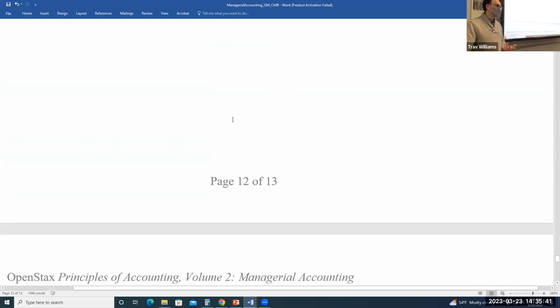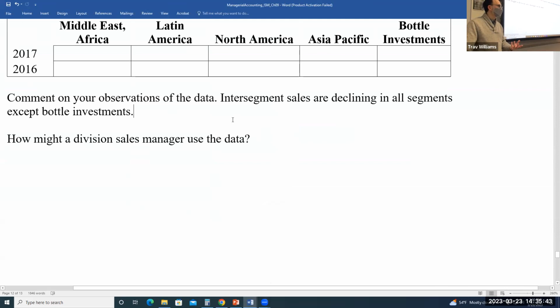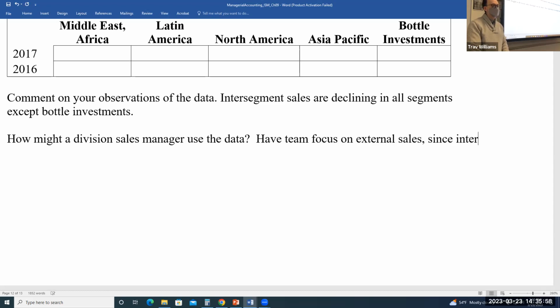So if my job is to get my team to sell as much as possible, I'd probably say focus more on the external. So have team focus on external sales, since intersegment is declining generally.